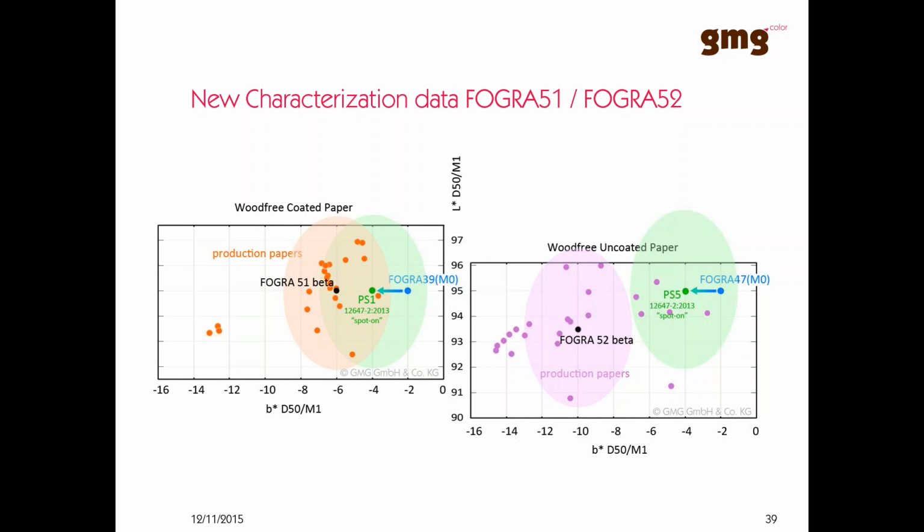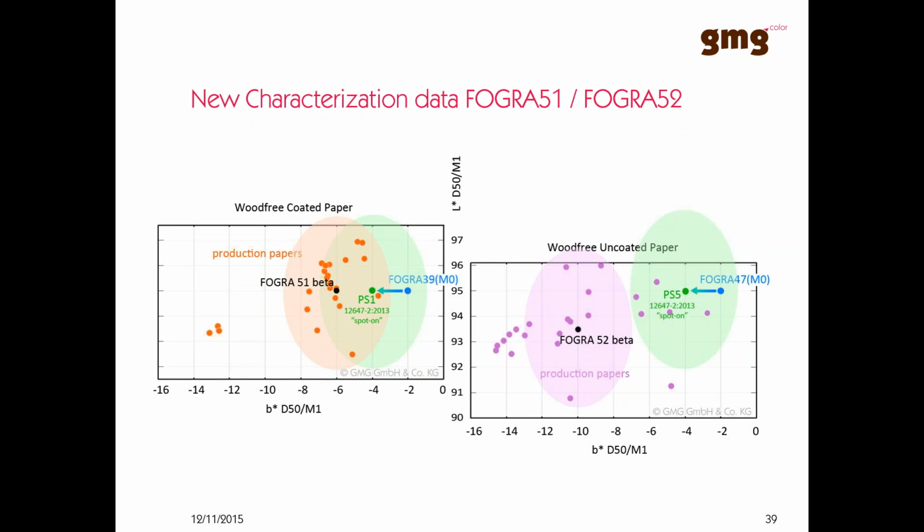So we moved the FOGRA47 from PS5. You see this move where FOGRA47 was basically moved to a new target in M1 to a pretty much different location. Just to cover, you see this circle, within a delta E of at least a lot of given production papers.